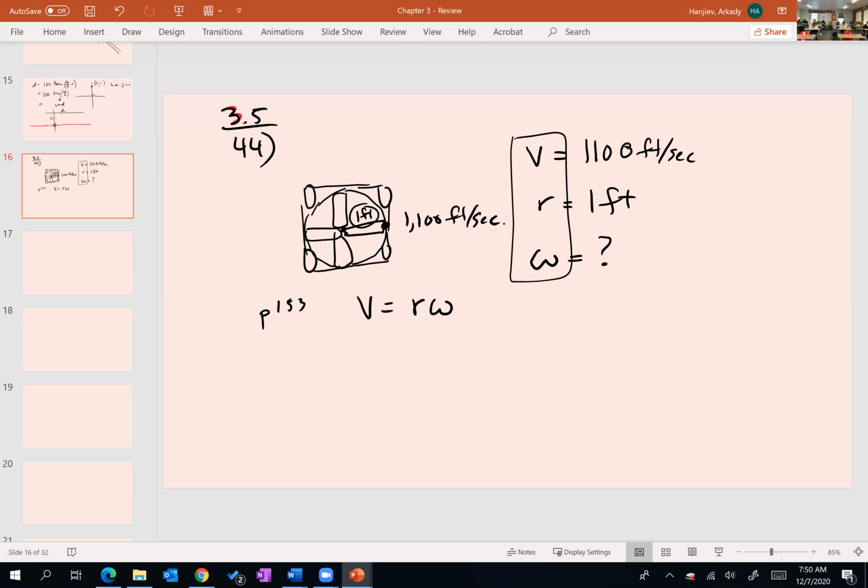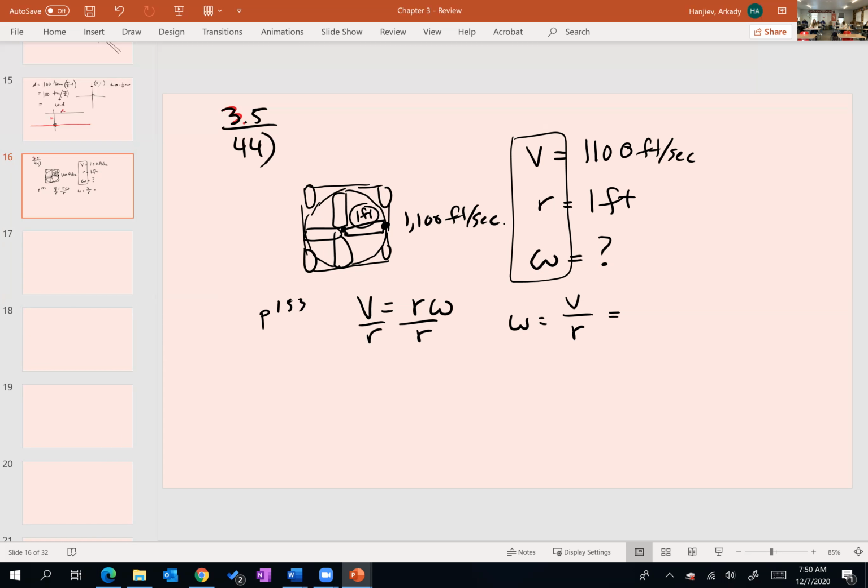And that's probably the best way, at least in my mind, that's the way I do these problems here. See what variables I have, what equation connects them, put them together. The only thing here is I'm going to divide by r. So I'm looking for omega, that is linear velocity divided by radius.